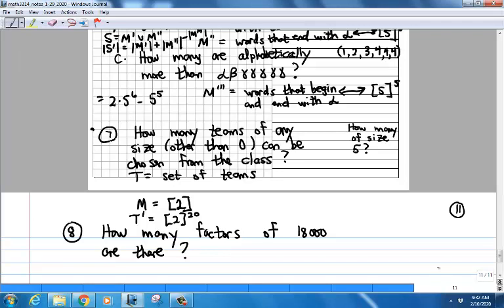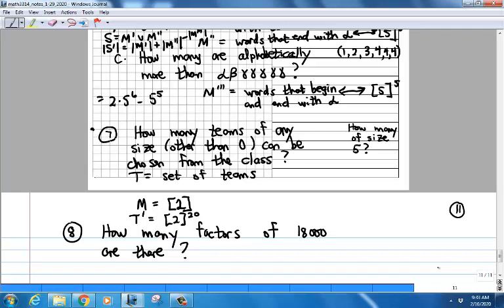Huge, right? What's the cardinality of T prime? Yeah, what's 2 to the 20th power? We all know what 2 to the 10th power is, right? 1,048,576.